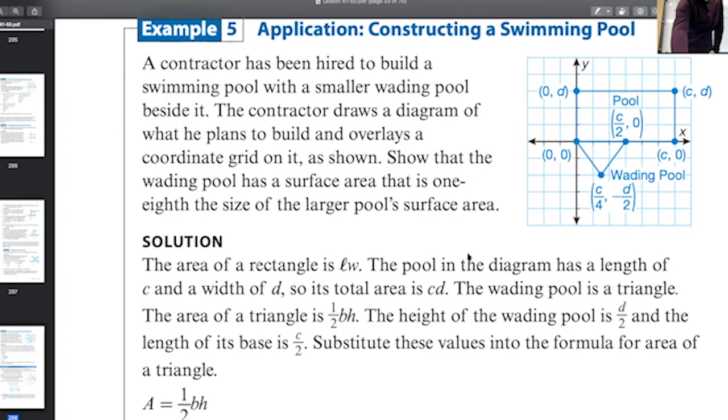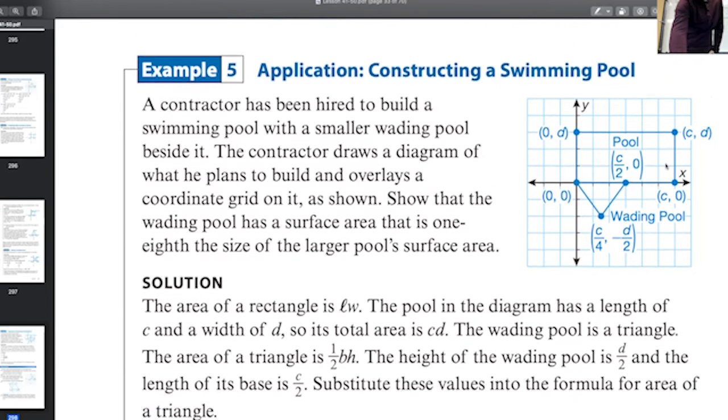So the area of the large pool is length times width. So if this is C and this is D, that would be CD. So the wading pool has to be 1/8 CD, right? Well, let's see if that's the case. To find the area of this triangle, it's base times height divided by 2, or 1/2 base times height.